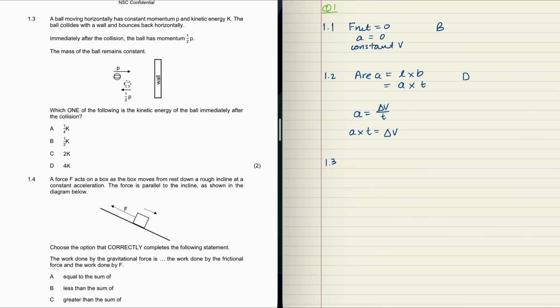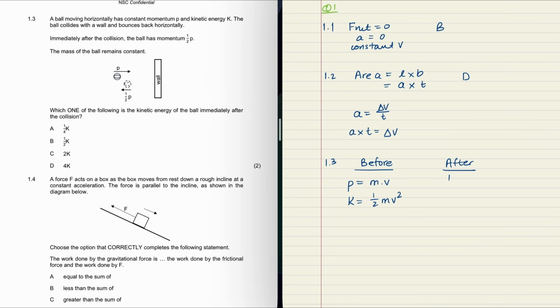So I'm going to write here, before the collision, the momentum is equal to m times v, and kinetic energy K is equal to half mv squared. But after the collision, now remember, to get a momentum of half, and if mass is the same, it must mean that the velocity has been halved.